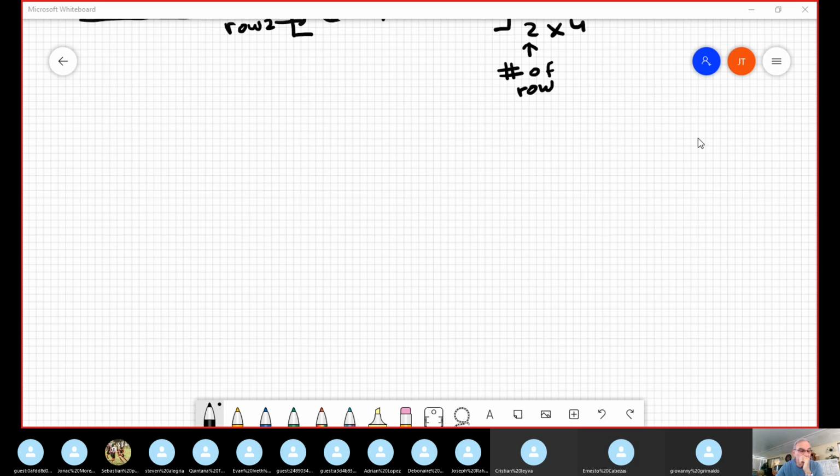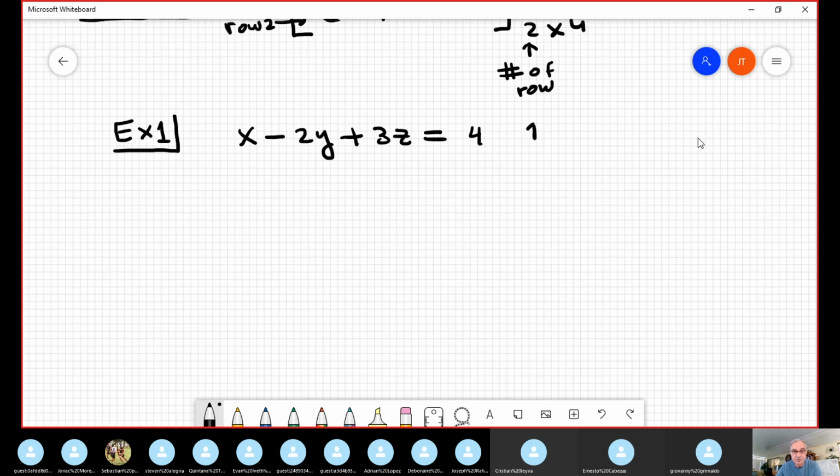Now, suppose one example to understand. Example 1. Suppose x minus 2y plus 3z equals 4. This is equation number 1.